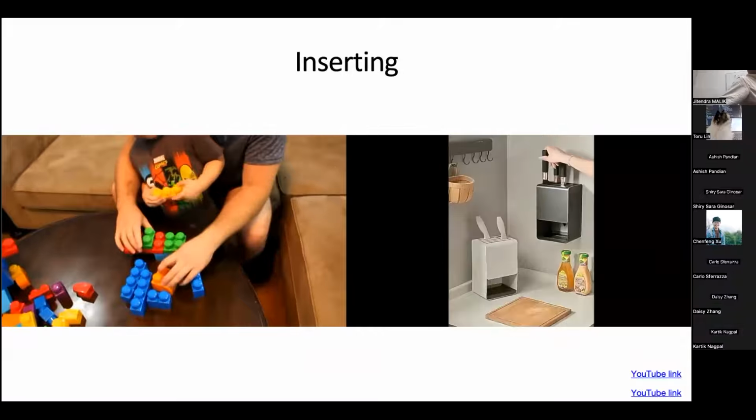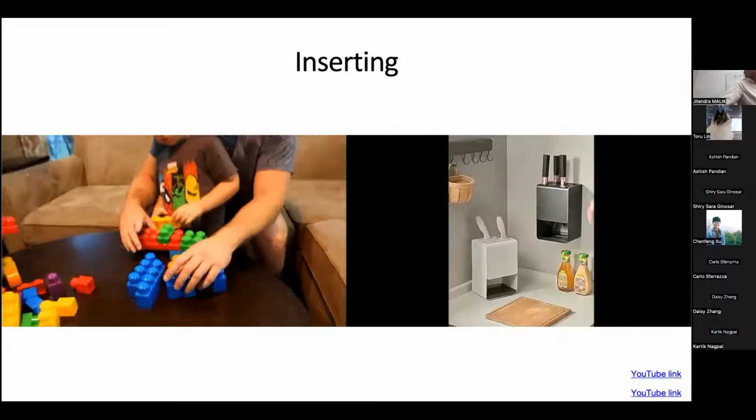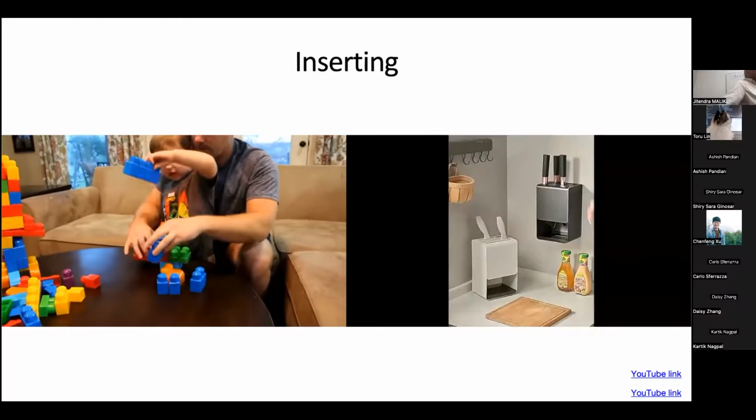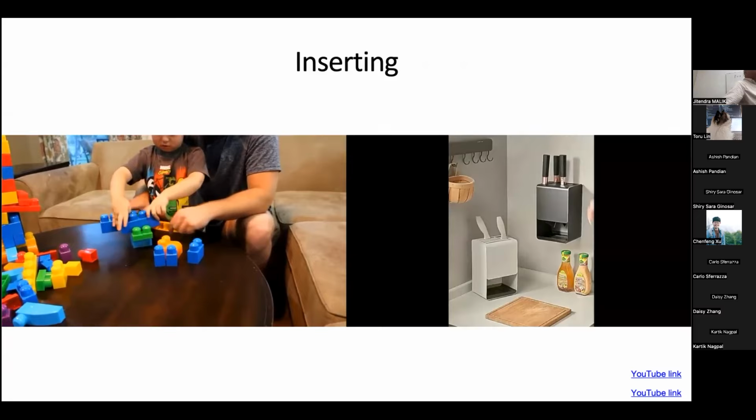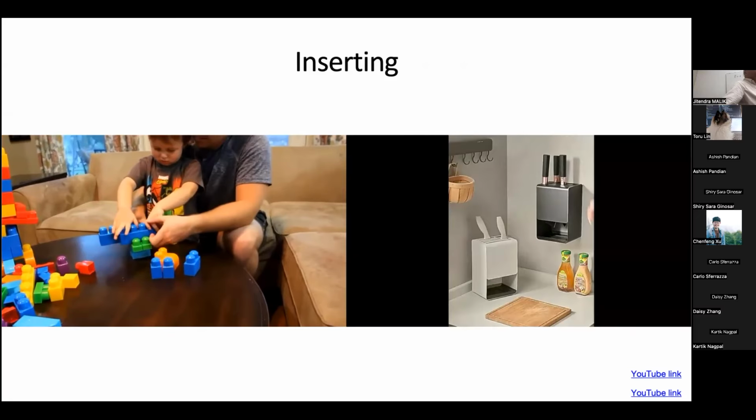Here's another example, inserting. Inserting is kind of interesting because in robotics, we talk about position control and force control. Position control is you want to put the object in a desired position, and force control is about forces, right? So insertion is a delicate thing because you care about the position, you have to insert the peg into the hole, but the forces have to be right.